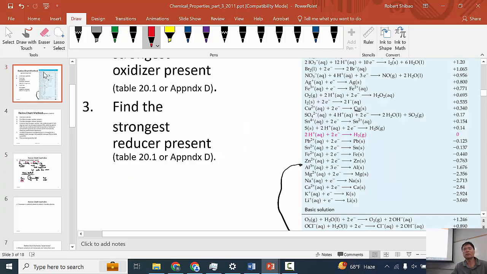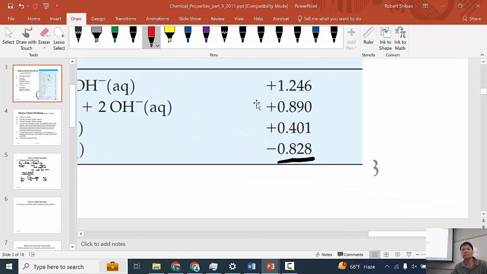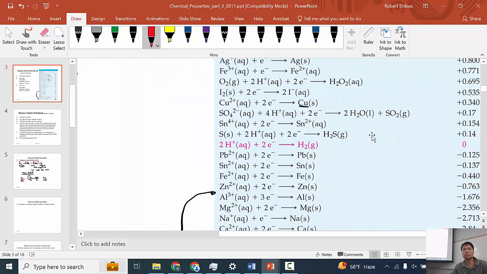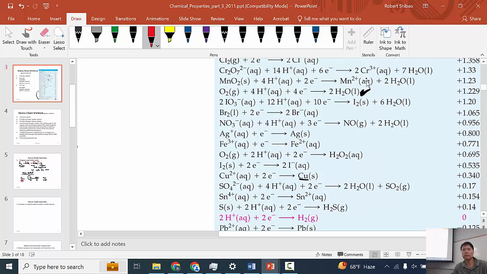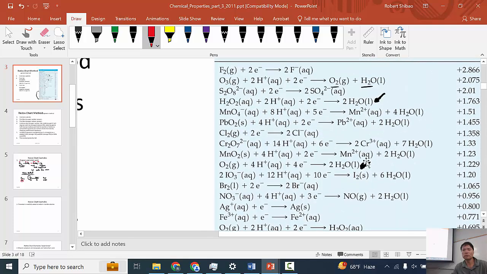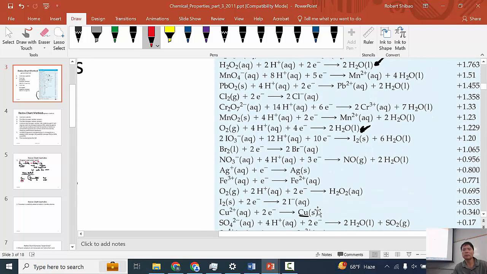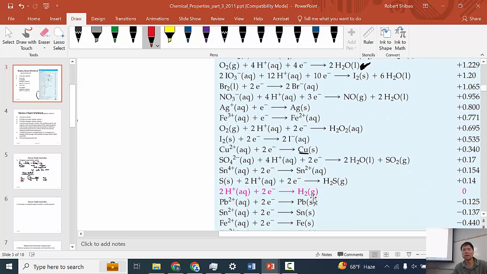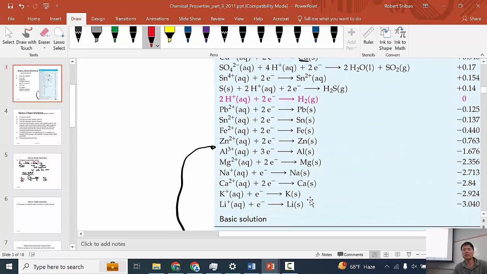Because even though we ranked water here, this water of the two is stronger. It's still weaker than copper, which is here. And copper is a lot weaker than lithium, which is here at the top of the chart, which is the bottom of this particular chart. It would be the top of that chart there.